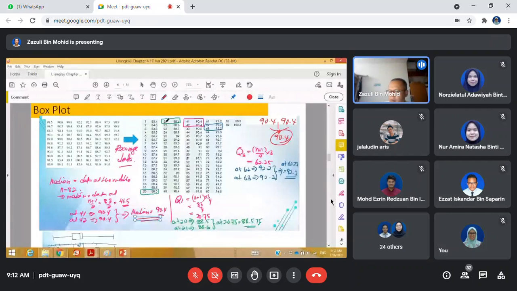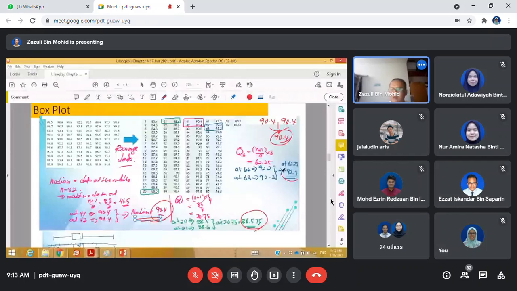When you average them, you have 88.575. This is for Q1. Similarly, data 62 and 63, you calculate it, you will have 92.2.